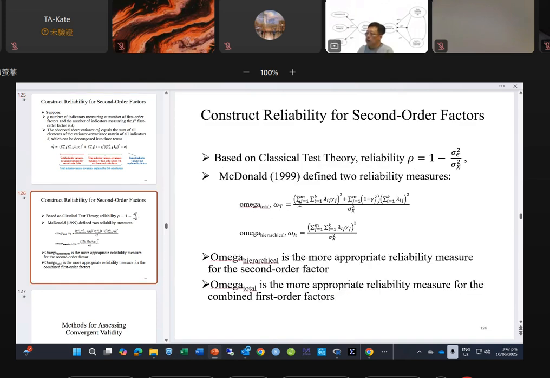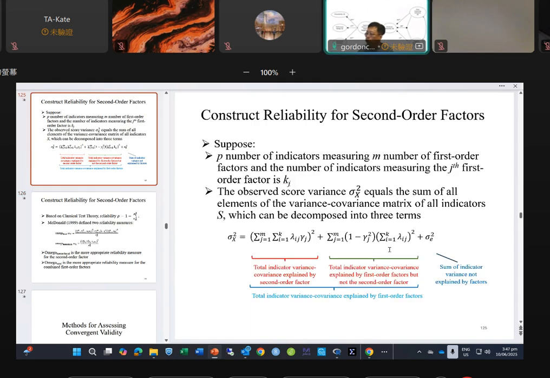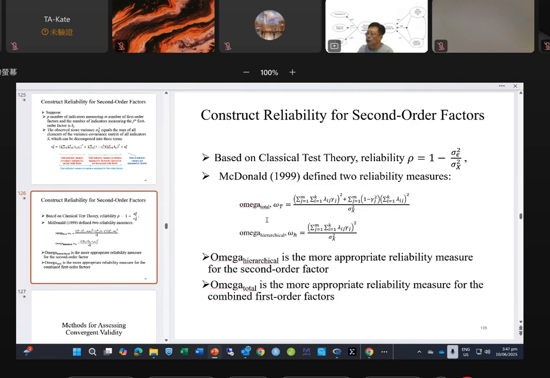So basically, we only parcel out the variance of the item score. Omega total is a measure of the reliability of the dimensions only. It is not the reliability of the second order factor. The reliability of the second order factor is omega H. Omega total is the reliability of the first order factors, or what we call the dimensions.